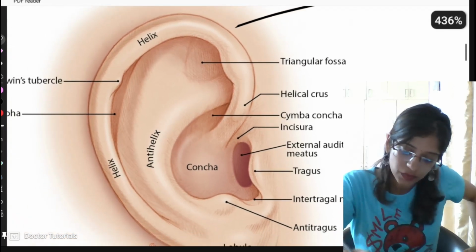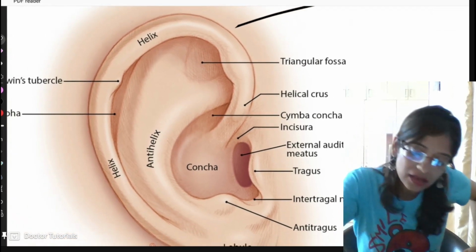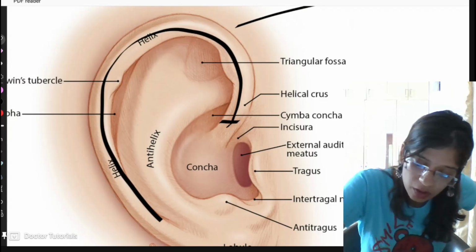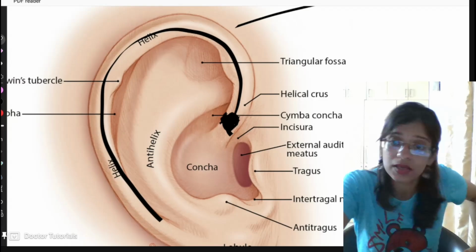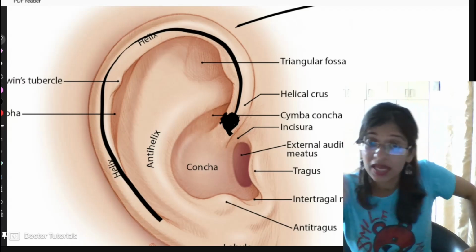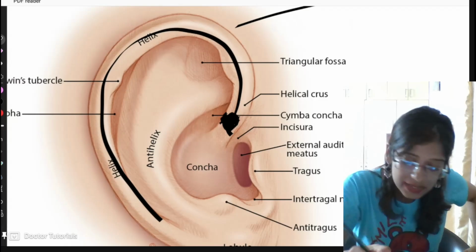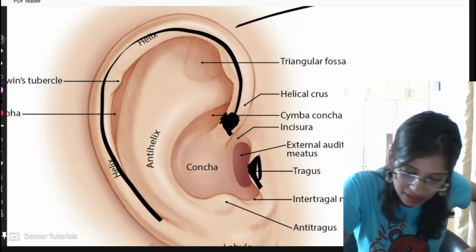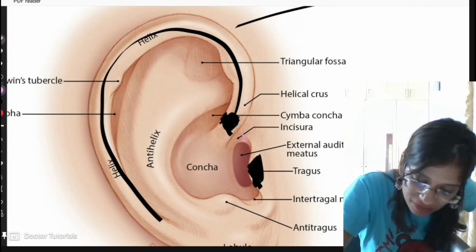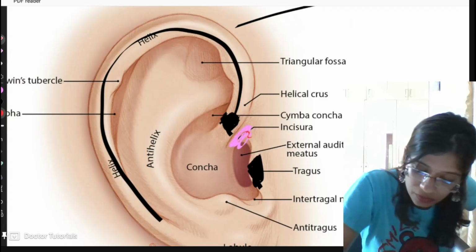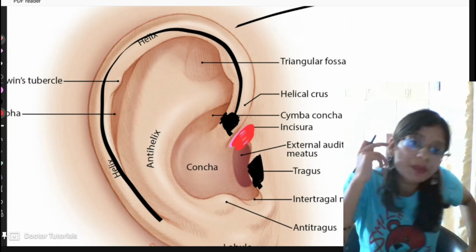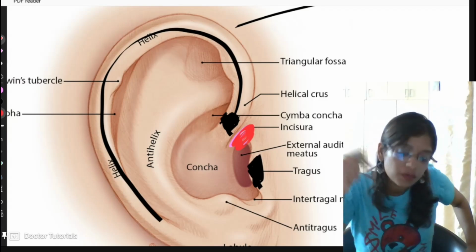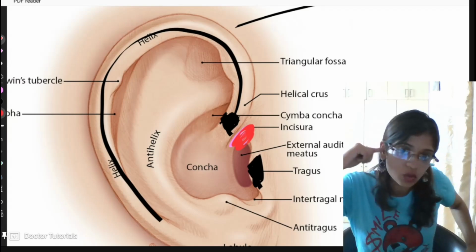Look here, this part of the helix is called the crux of helix or root of helix. Between the root of helix and the tragus, you have a depression. You touch and see.